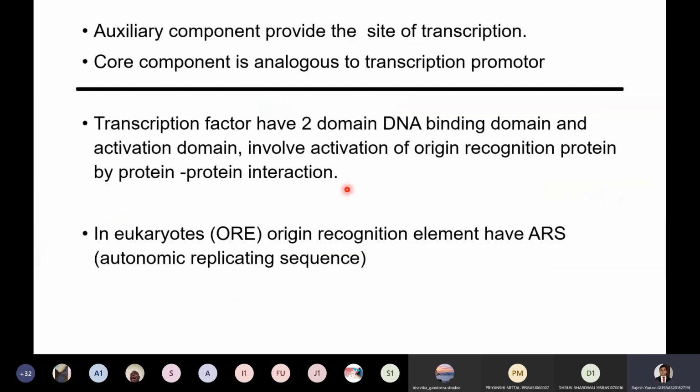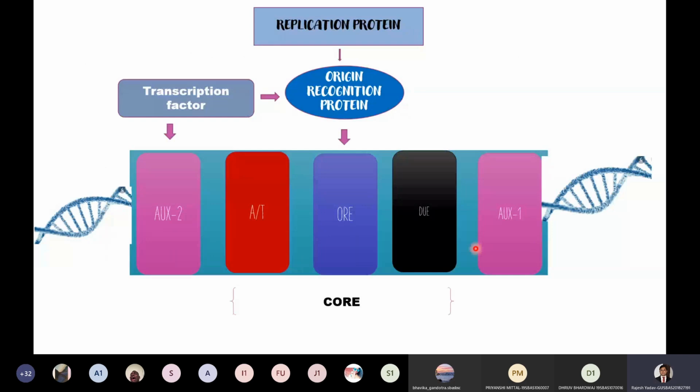So this is the ARS, autonomous replicating sequence, and it is responsible for the origin. So in some cases, this whole structure is not present, like the DNA binding element, origin recognition element, this auxiliary component. If all these structures are not present, only the ORE is present, and in the ORE there is a sequence that is an autonomous replicating sequence.